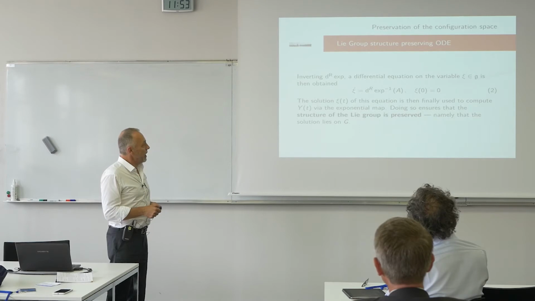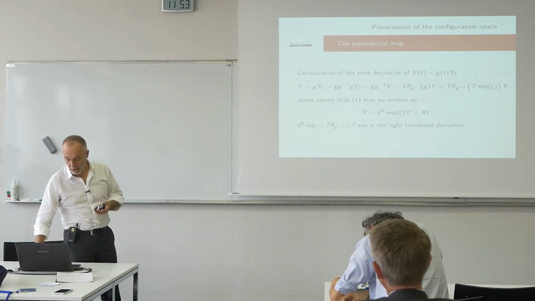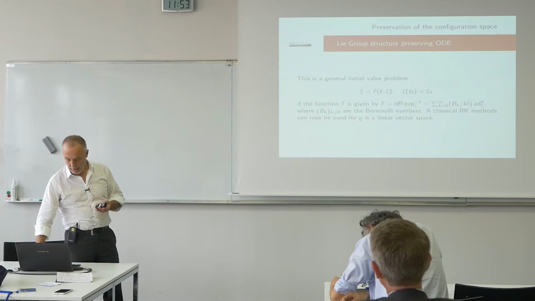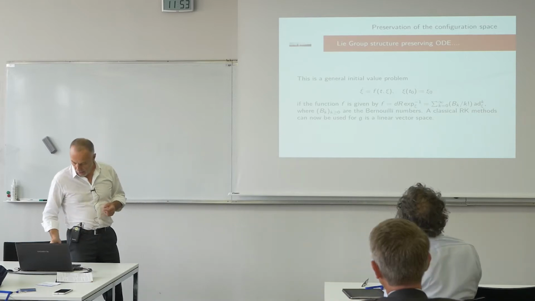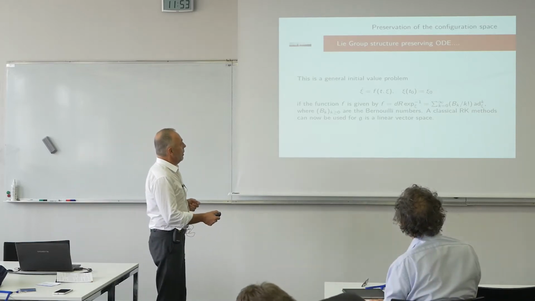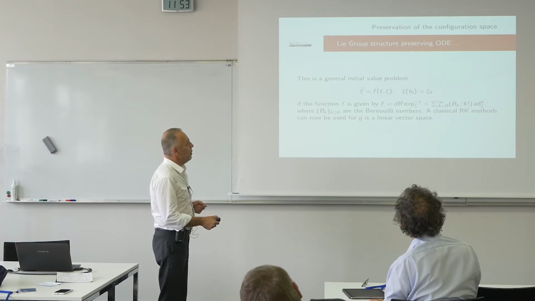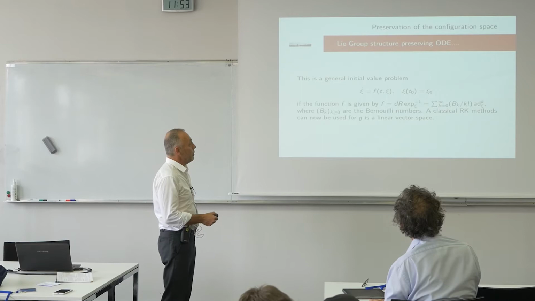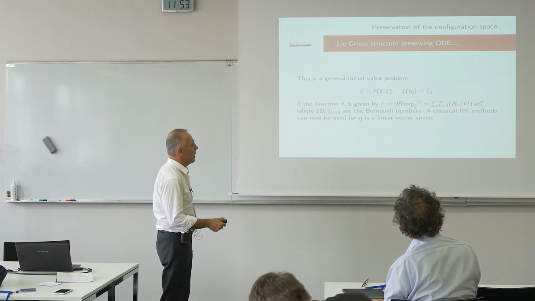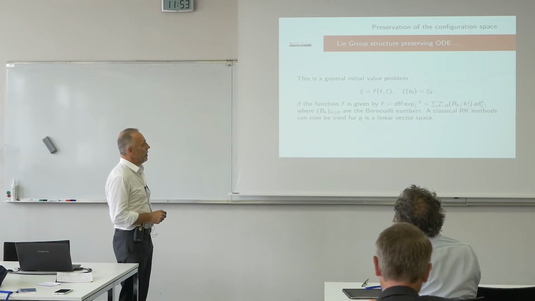So now you can use classical numerical methods. Yes, you have to invert this operator. It's well known that we are able to develop this operator in a series of the adjoint operator with Bernoulli numbers.